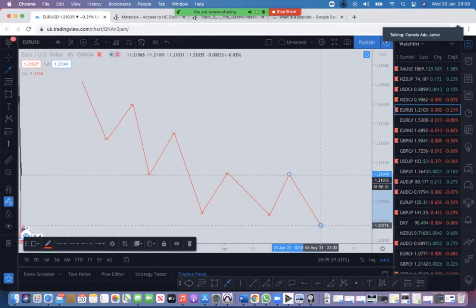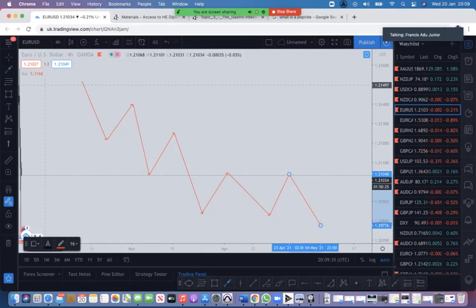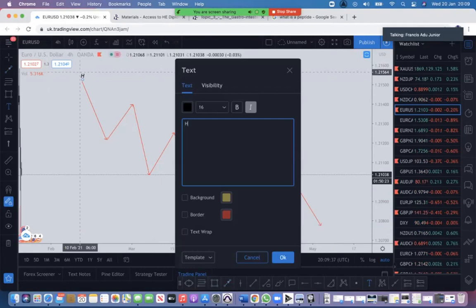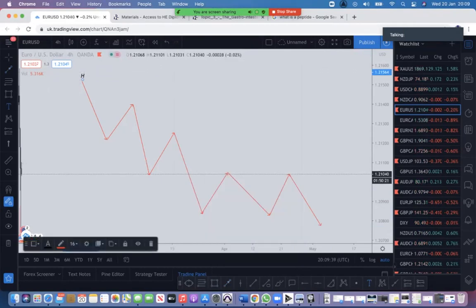If I go on the charts every single day, the first point that I see, the highest point that I see, I want to label that point as a high. Every single time I open my chart, the highest point that I see on whatever time frame, I want to label that point as a high.